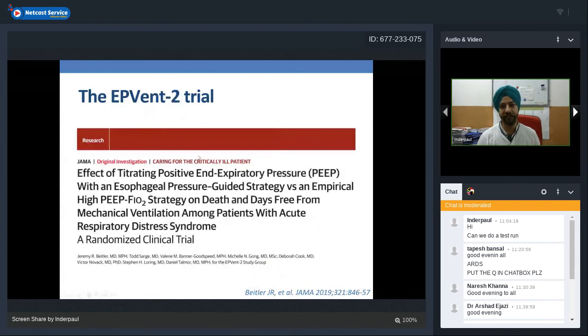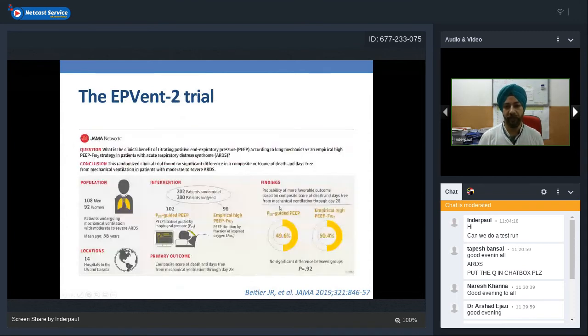However, in this large trial, we did not find any benefit of using the esophageal pressure monitoring guided strategy compared to the conventional ARDSnet protocol. Why so? In this study, a lot of patients had moderate ARDS.